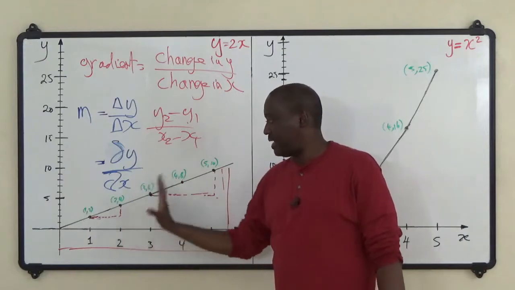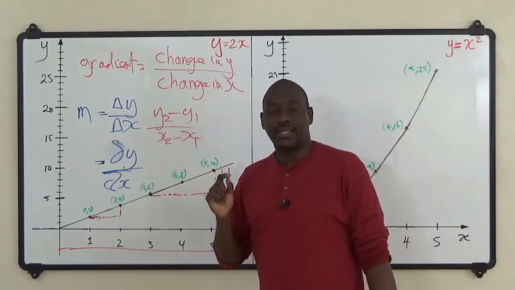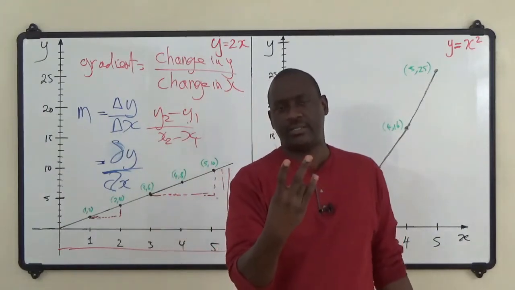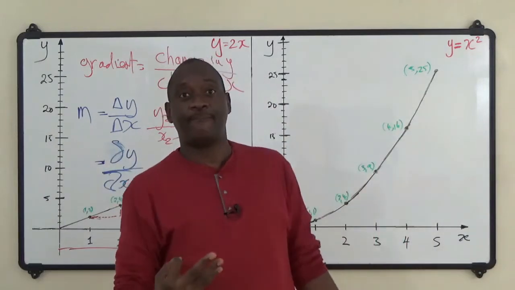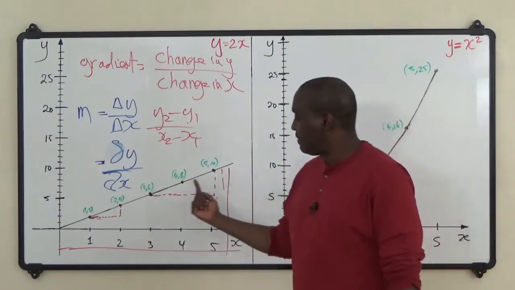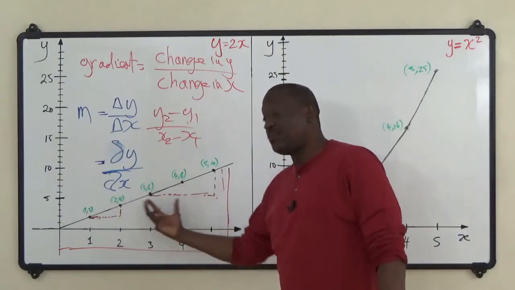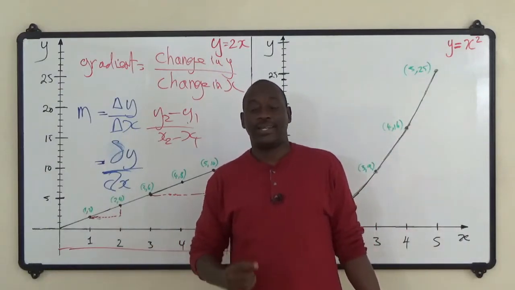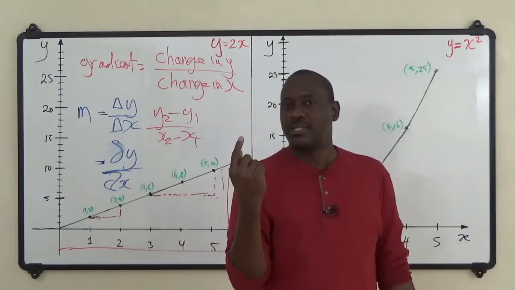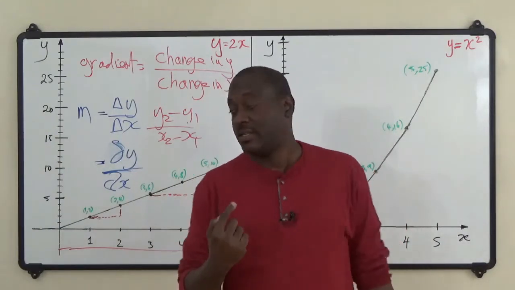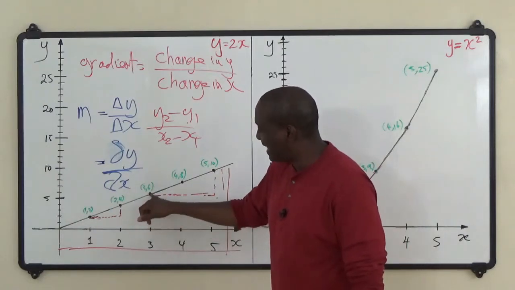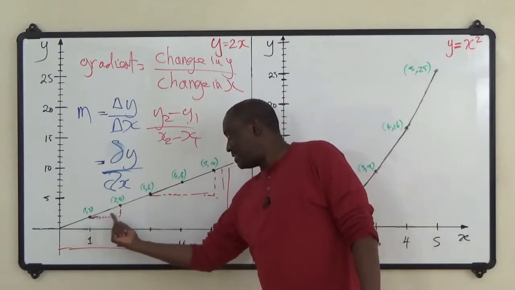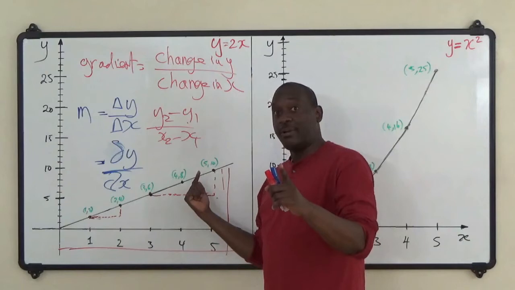So there are certain things that I discuss here that are taken for granted as an art math student: that you know what the gradient of a straight line is, that you know what the equation of a straight line is, that you know how to find the gradient of a straight line, that you understand that in the case of a straight line, the gradient between any 2 points on this line will always be the same, regardless of where you choose those points. And to that general knowledge, we add one single concept, which is, following from all of that, we can define the gradient at a single point anywhere on this line. The gradient at one instantaneous point. Vocabulary again.